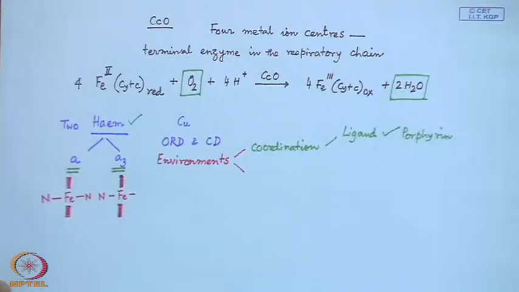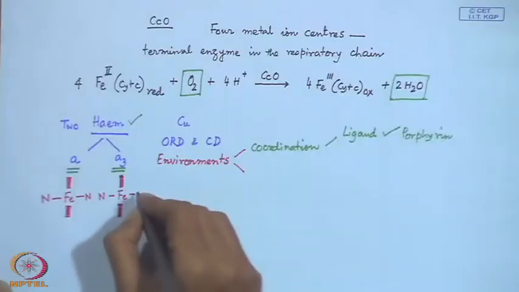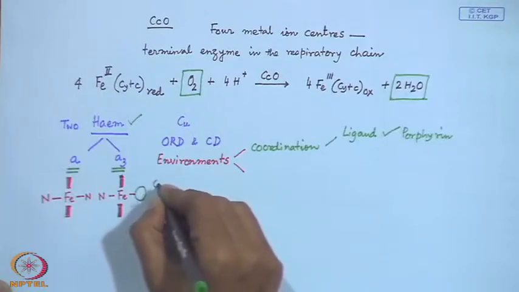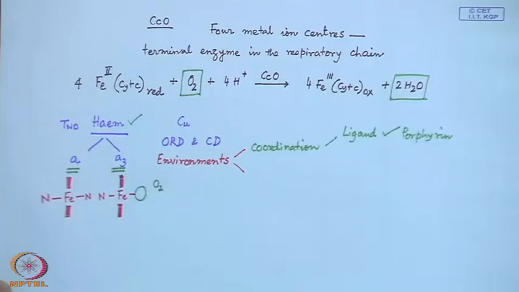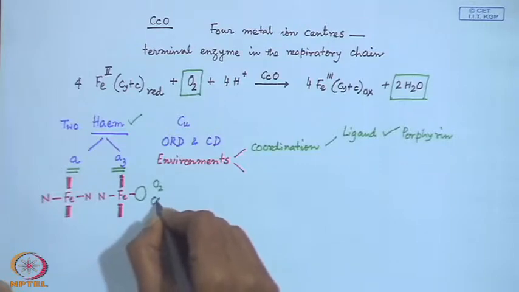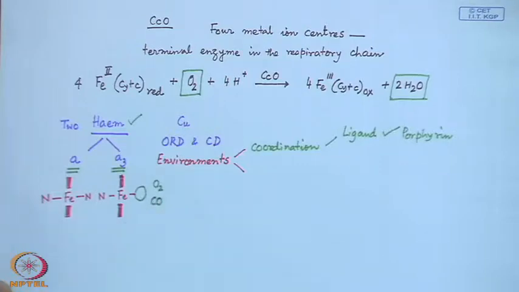So, when we get a pentacoordinated one, the spectral features will also be different. And if we can identify this particular vacant site, this vacancy can bind an O2 molecule. So, O2 can be a very good ligand for this site, or it can bind carbon monoxide.